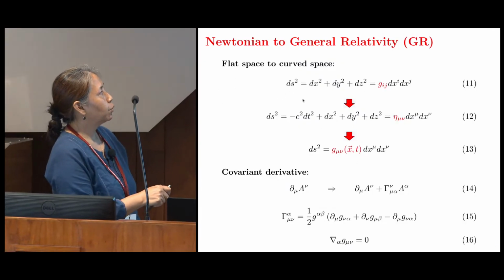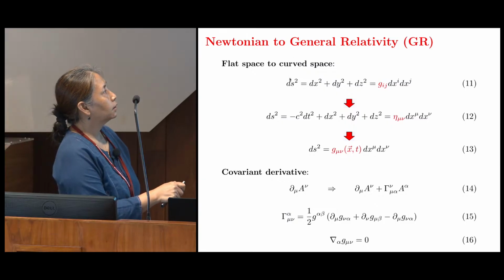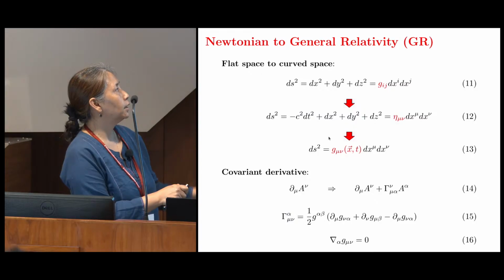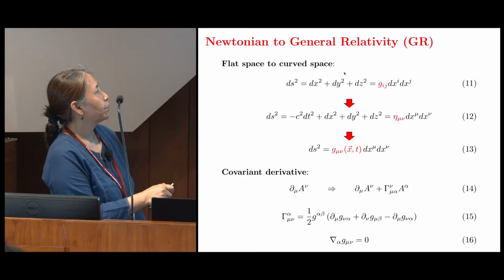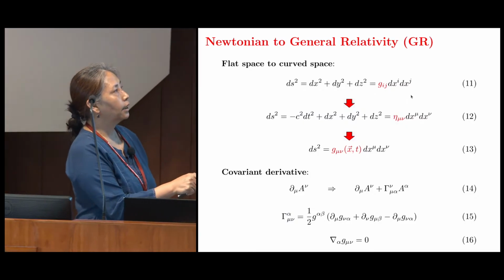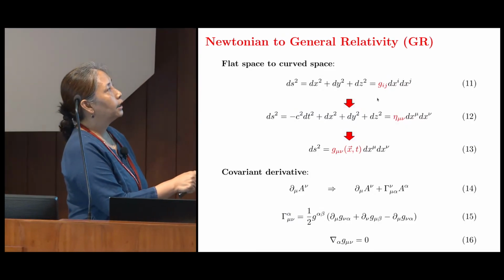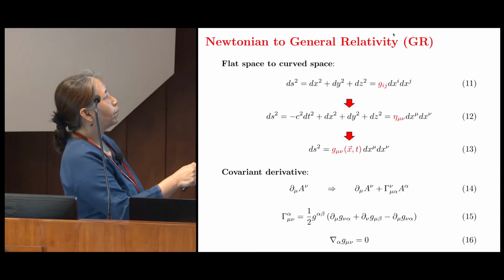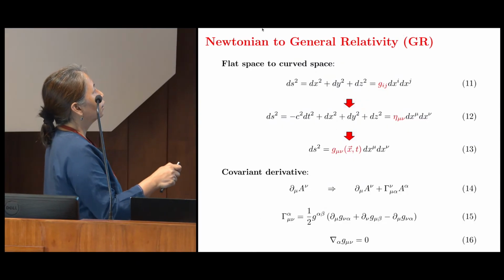If I have set up coordinates, then the distance between two points is invariant under rotations, and we can write it in the form g_ij dx^i dx^j, where g_ij has a special form, it is the identity matrix. So that is the way to generalize.